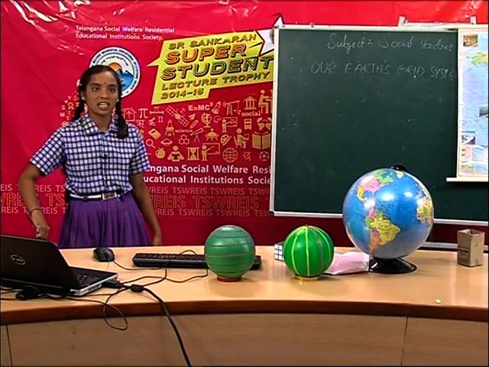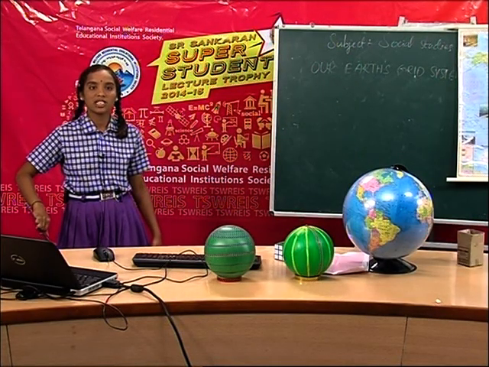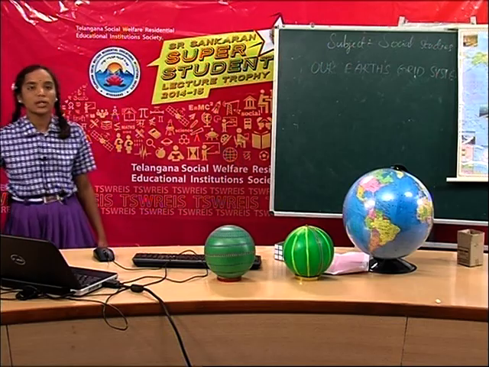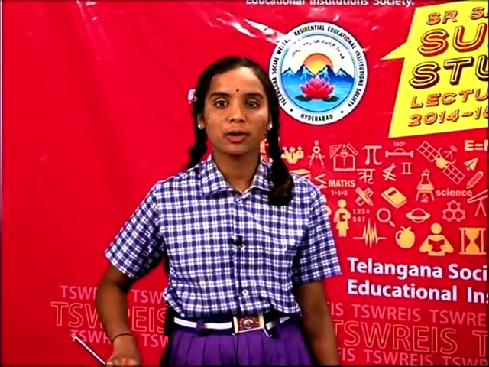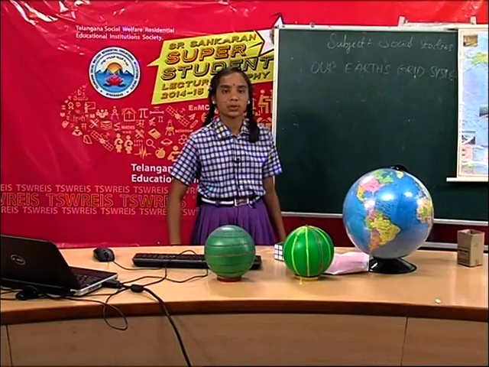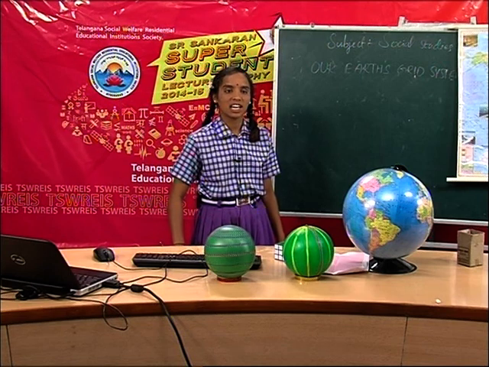Here my knees can be indicated as 23½ degrees southern latitude, which is named Tropic of Capricorn. And here my shins can be indicated as 66½ degrees southern latitude, which is named Antarctic Circle.